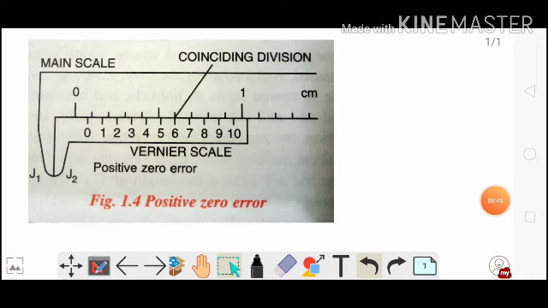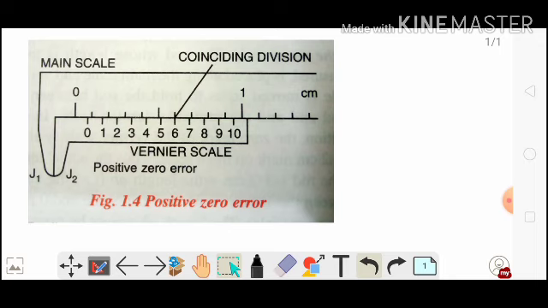So first let's look at the positive zero error then. This is the positive zero error. From here you can clearly see that the zero mark of the vernier scale is behind the zero mark of the main scale. So how will you calculate the error then? Just find out which division in the vernier scale is coinciding with any of the divisions in the main scale. For this particular scale, the 6th mark in the vernier scale is coinciding with one of the marks in the main scale.